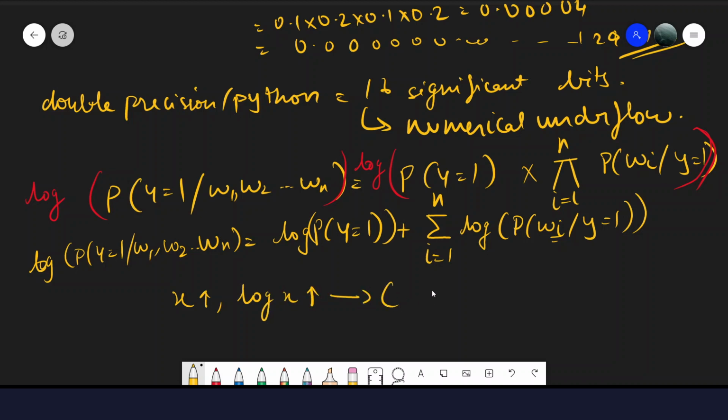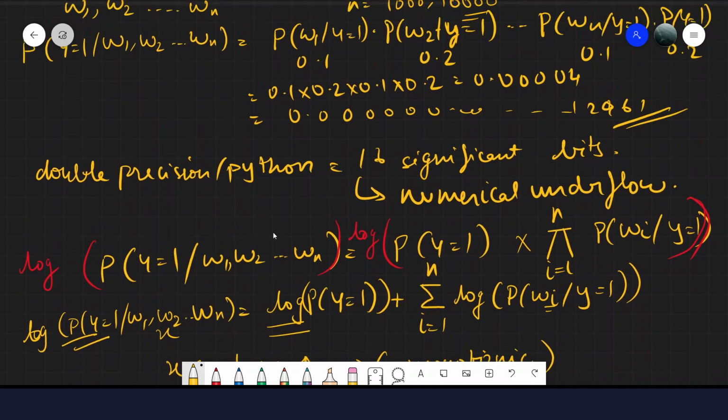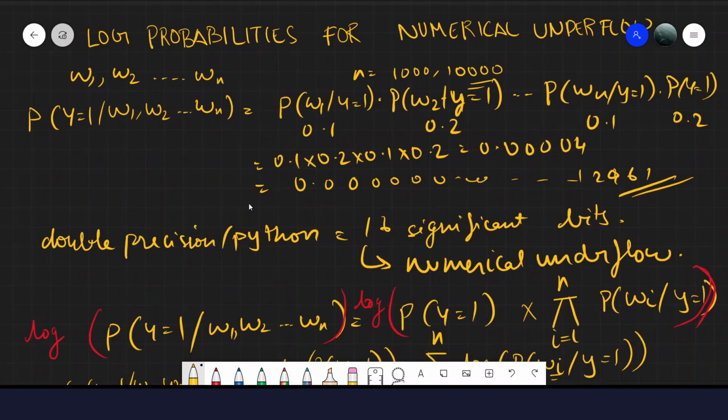That is why log is a good function to use, and we overcome the problem of numerical underflow using the log probability.